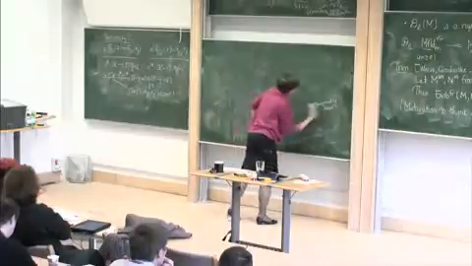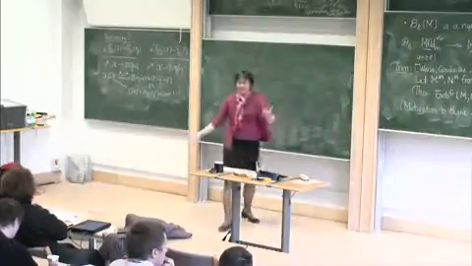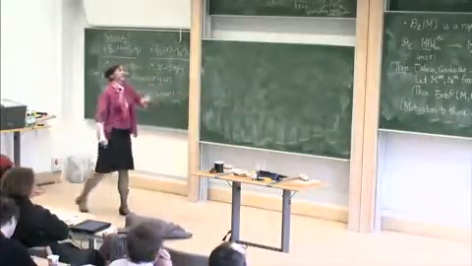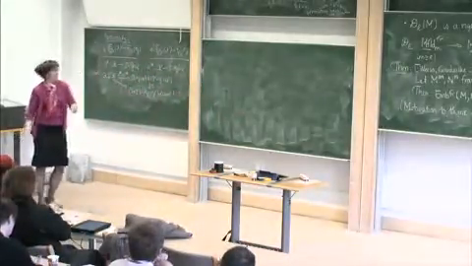So when you're trying to define this kind of construction, you know what you want it to be in the free case. The important thing is then to figure out what happens in the case of morphisms.